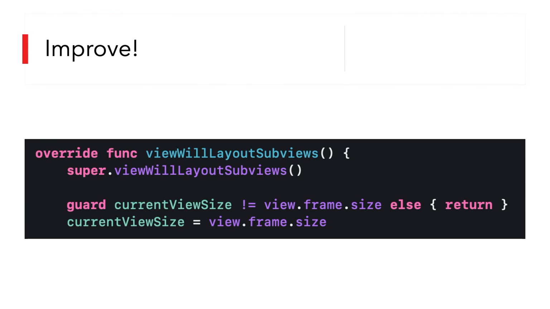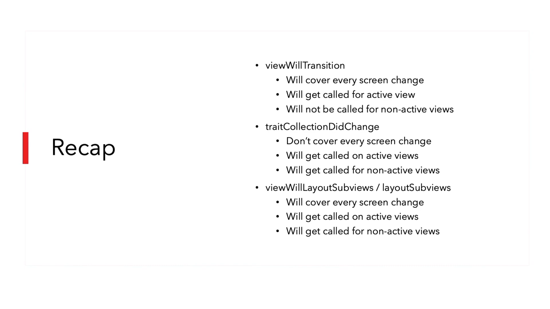So to recap, a view transition will cover every rotation and screen size change, but only for your active views. TraitCollection won't cover every view size adjustment, but it will get called on the lower views, the non-active views. And viewWillLayoutSubviews, after a lot of debugging, and also layoutSubviews, will get called every time, on every screen.